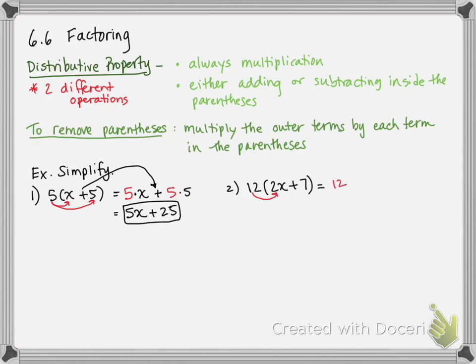So that's going to give me 12 times the 2x, and then it says plus, and then we're going to multiply the 12 times the 7. And so 12 times 2x, 12 times 2 is 24, and the x comes along for the ride. And 12 times 7 is 84. And so that's that answer.